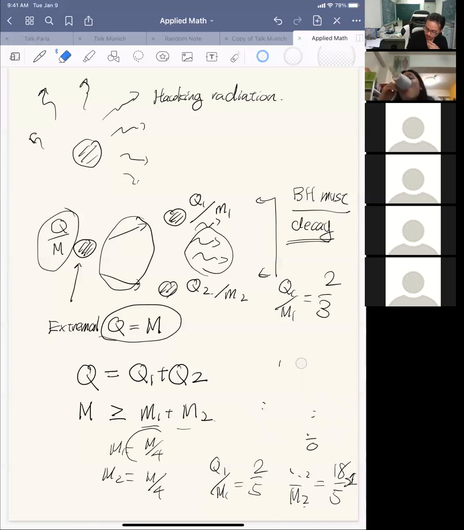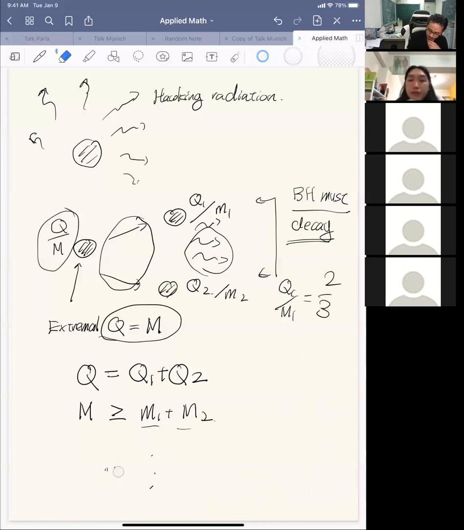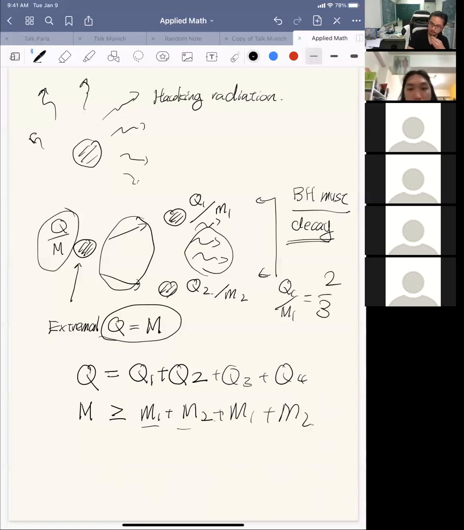Okay, so this tells you something very important. In fact, you can go back and check more. You can assume that there are not just 2 states. For example, you can say, oh, can I try Q3 plus Q4? You have 4 end objects, and then you just try to solve this inequality.